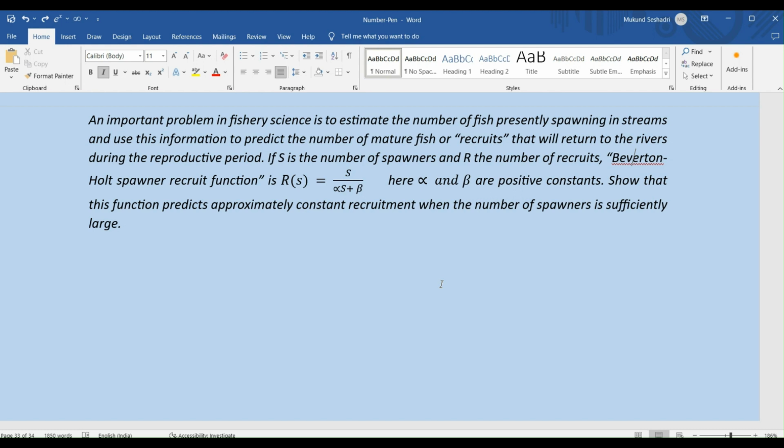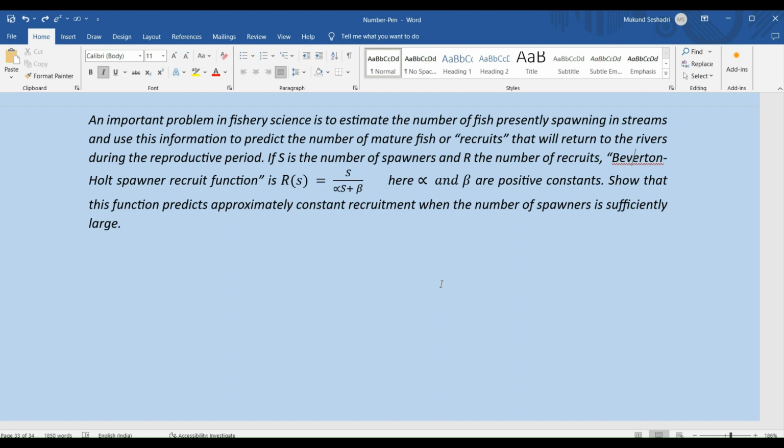If S is the number of spawners and R the number of recruits, the Beverton-Holt spawner-recruit function is R of S, which is the number of recruits, equal to S divided by alpha S plus beta, where alpha and beta are positive constants. Show that this function predicts approximately constant recruitment when the number of spawners is sufficiently large.